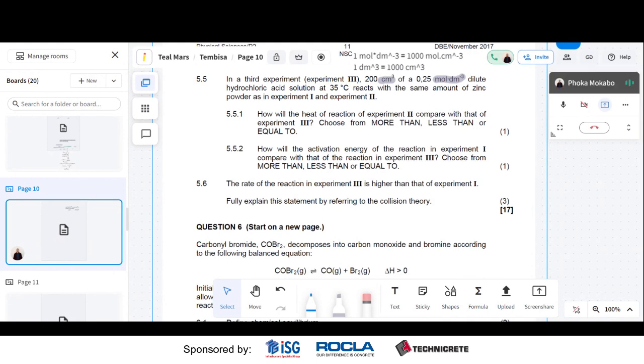but basically the collision theory is the idea that with a greater number of moles or a reduced volume, more collisions will happen, which will affect the rate of reaction.